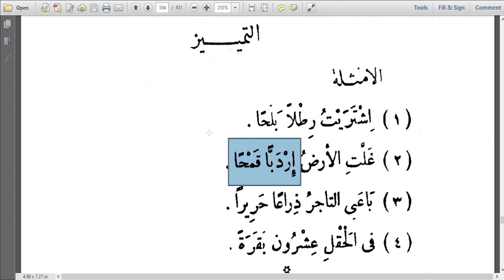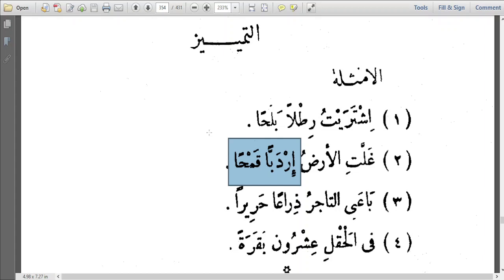So it says gallat al-ardu irdabban. The verb galla can mean to boil up in anger, that meaning is there. But when we say gallat al-ard, galla means to produce, to yield. So the earth or the land yielded irdabban, let's say 150 kilograms, qamhan, of wheat.